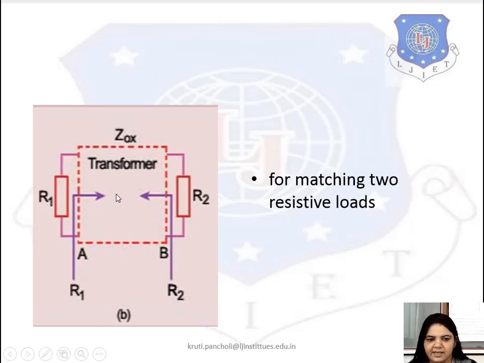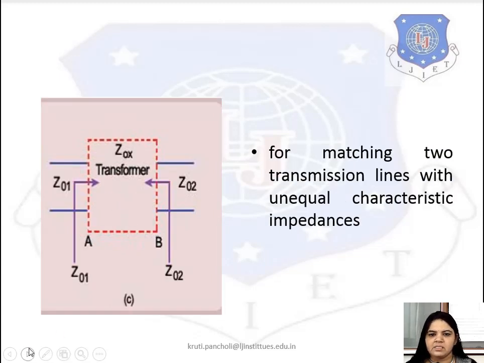Here in this diagram, there are two resistive loads. For matching two resistive loads, the quarter wavelength transformer can also be used. This is another category: the quarter wavelength transformer can be used for matching two transmission lines having unequal characteristic impedances.